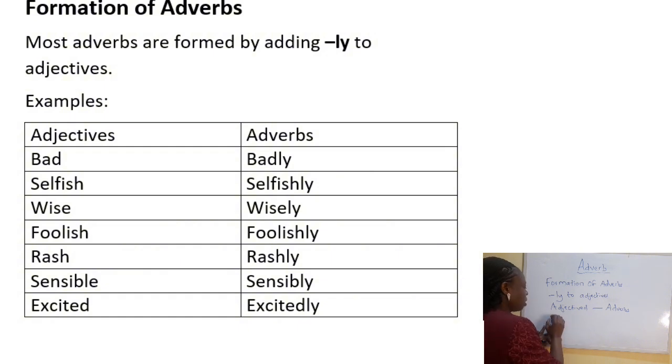Take the word bad. This is an adjective. By adding ly, we can change it to an adverb. It turns to badly. Selfish is an adjective and can be turned to an adverb by addition of ly.